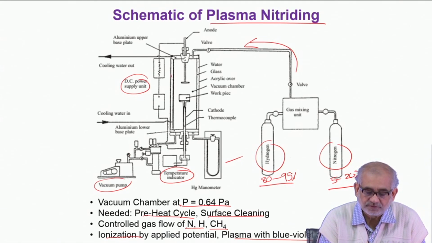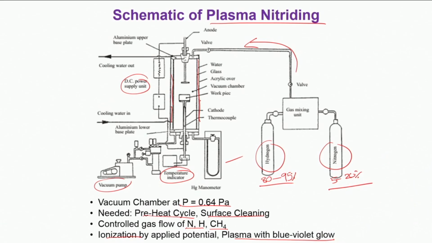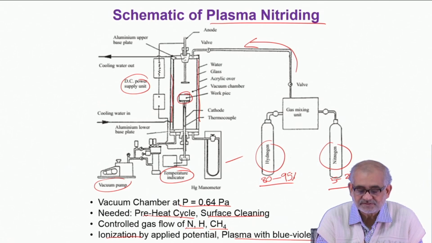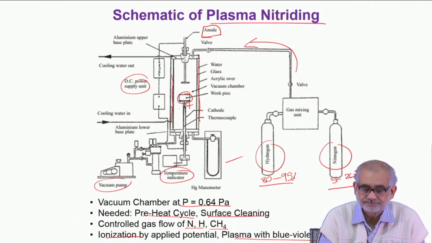We also have a cooling jacket outside the chamber, so that the shell is maintained at room temperature. Now, the sample is usually placed on this stage, and if needed, this stage can be moved or rotated, but usually this is a static stage. And then this is the anode, and this is the cathode.